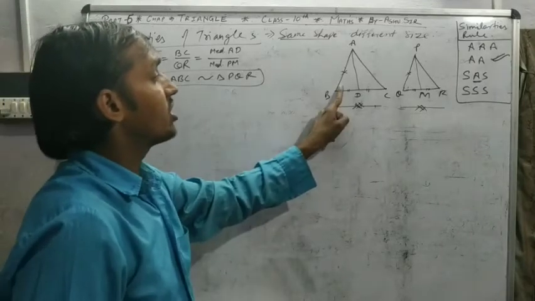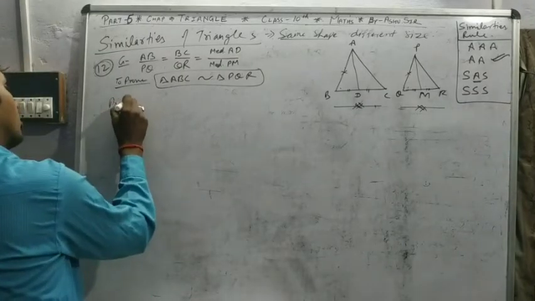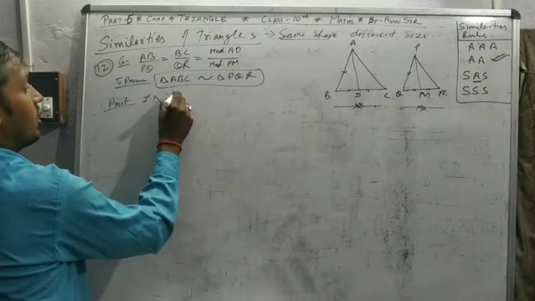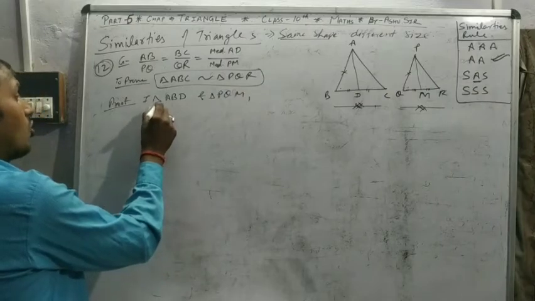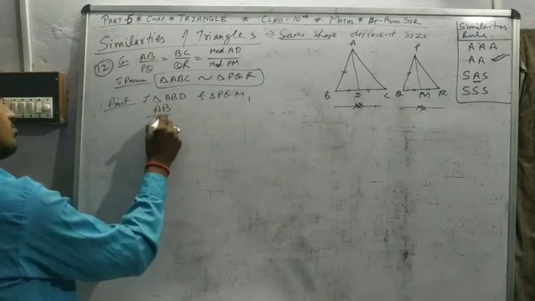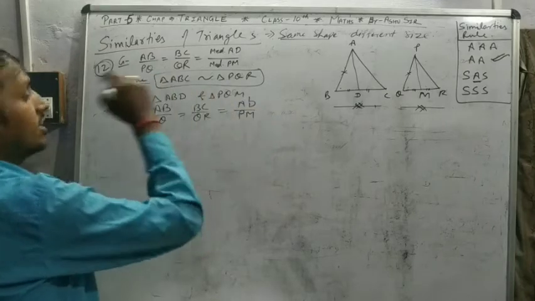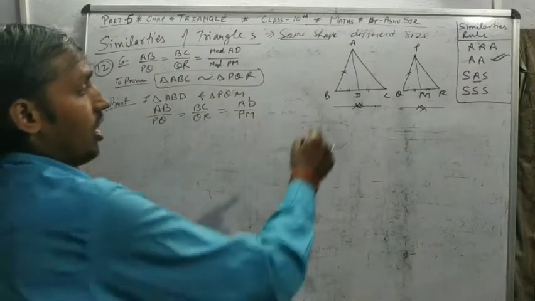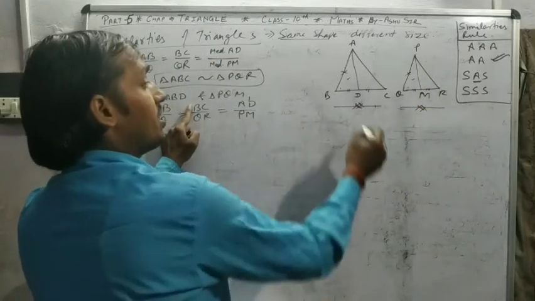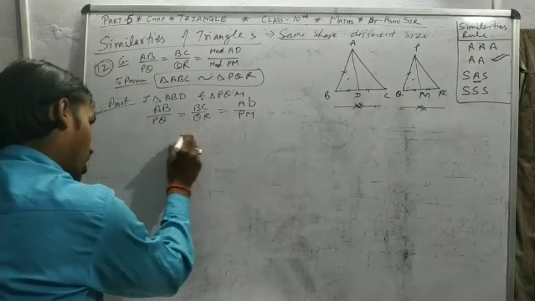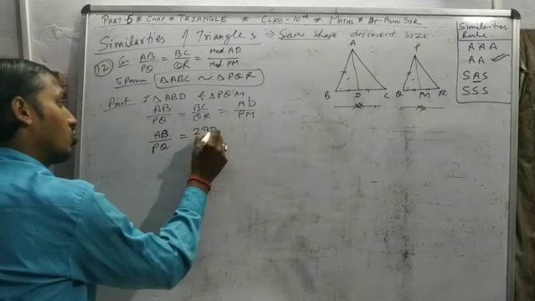So how do we prove that these angles are equal? Before this we take triangle ABD and triangle PQM. Why? Because if we write the given part and compare, AB in this triangle, PQ in this triangle, BC is not in this triangle, so we write 2BD.